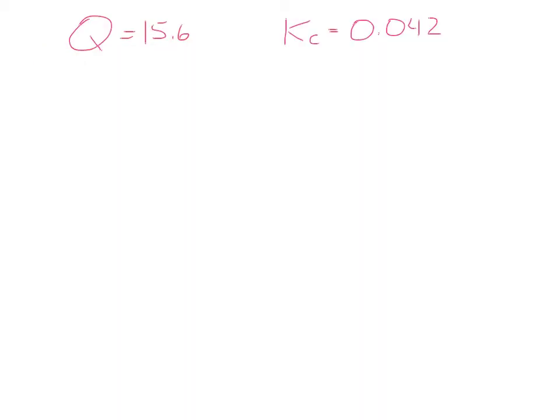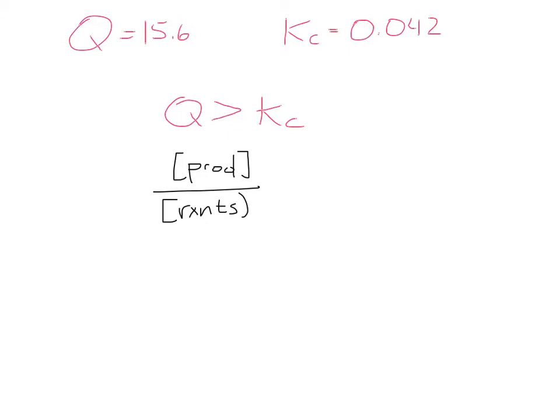Let's compare these numbers. What we can see here is that Q is greater than Kc. Let's remember that both Q and Kc are the concentrations of products over the concentration of reactants. So what would make this value greater than this value?